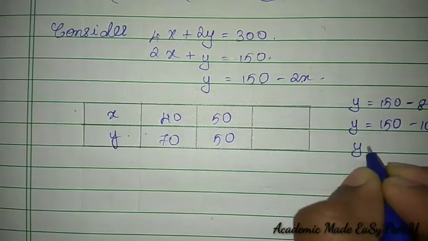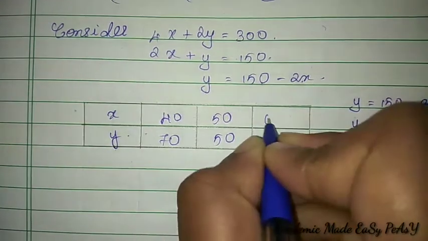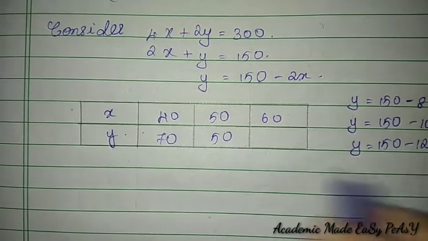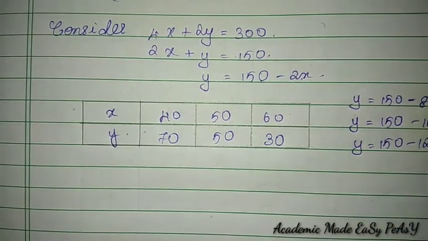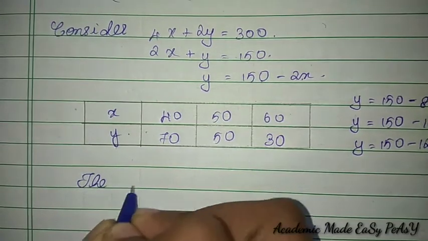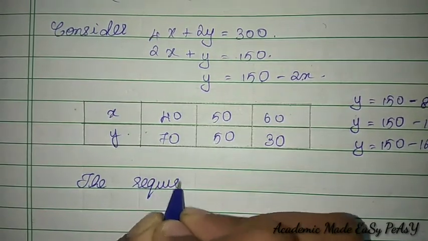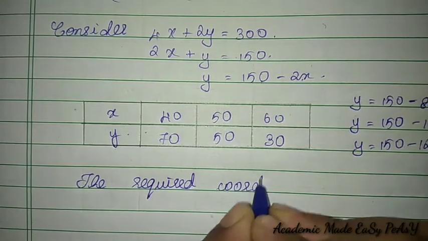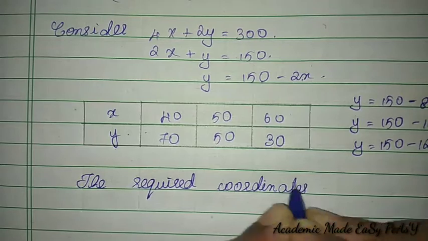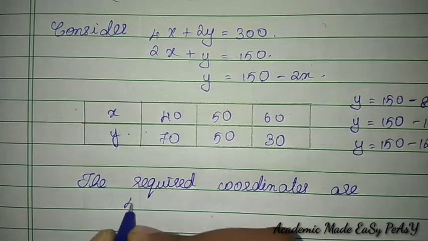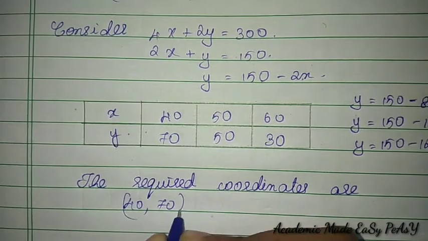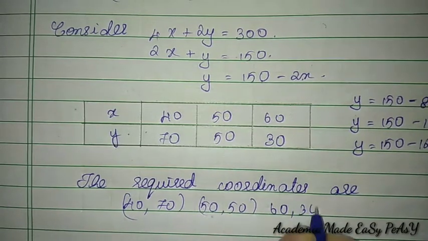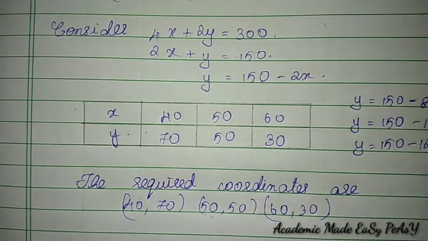Next I will have 60. 2 into 60 is 120, so my answer is 30. So therefore the required coordinates are 40, 70; 50, 50; 60, 30. So these are the required coordinates.